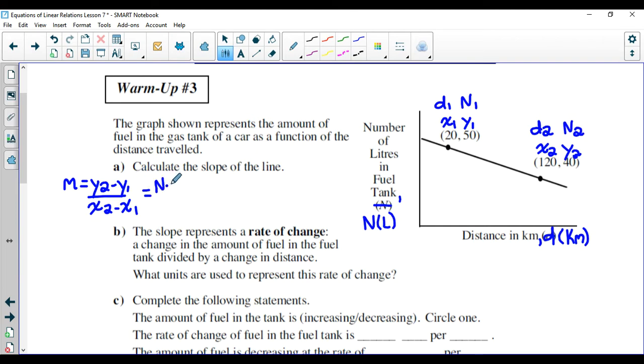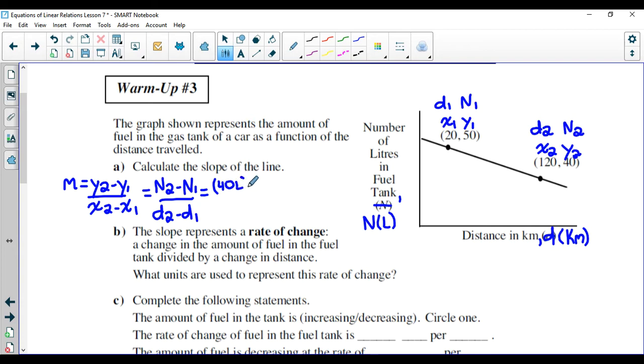But if we want to, we could replace with the correct variables. So instead of y, we could write down n2 minus n1 divided by d2 minus d1.